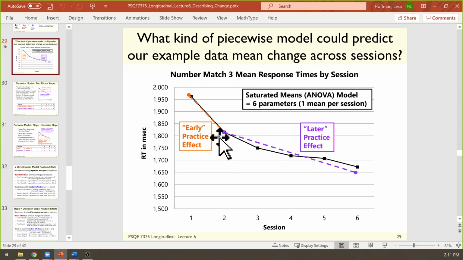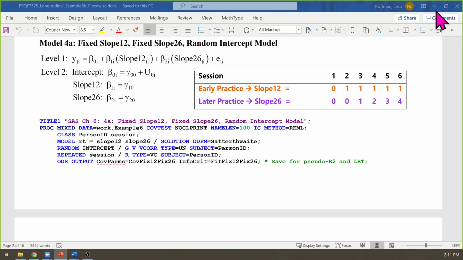So this is the idea of what we're trying to do: capture change from 1 to 2 and capture change from 2 to 6, each of which will have a linear slope. So I am creating 2 variables that look like this, and I have set session 1 as my intercept by giving each of my new predictors a 0 value at session 1.